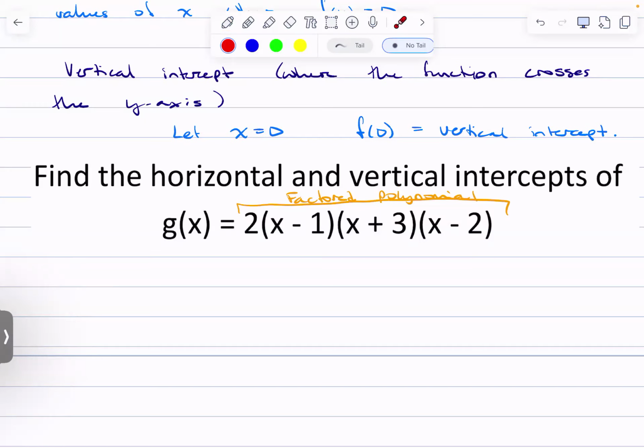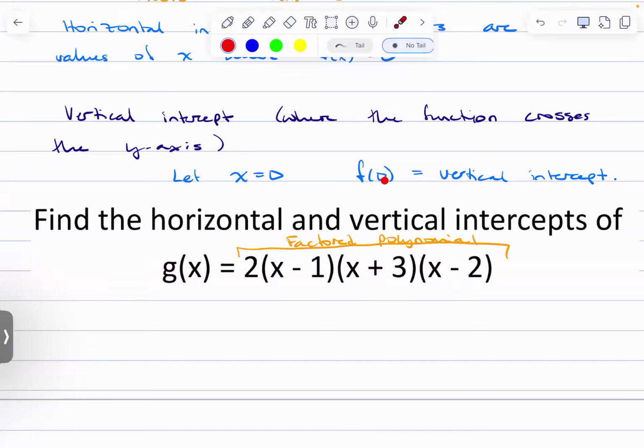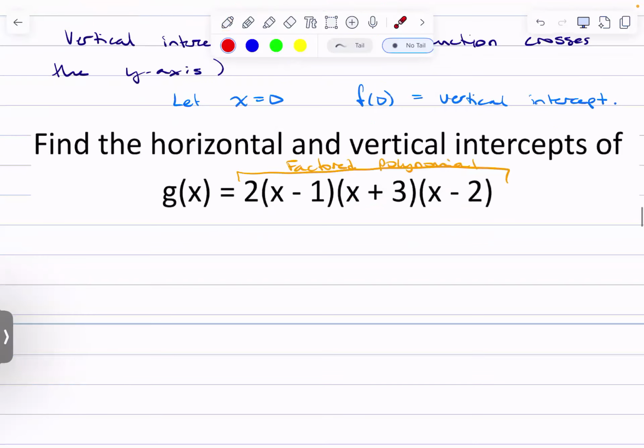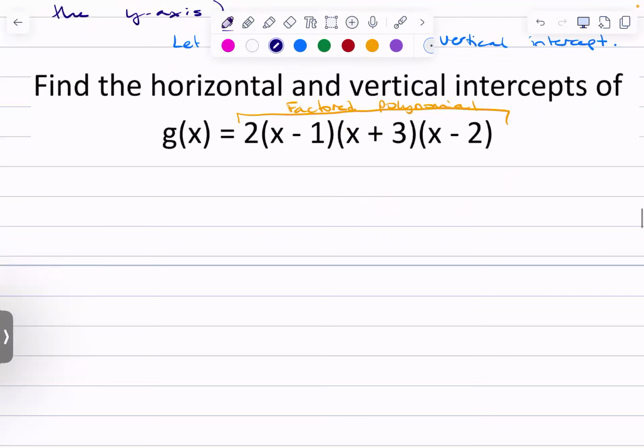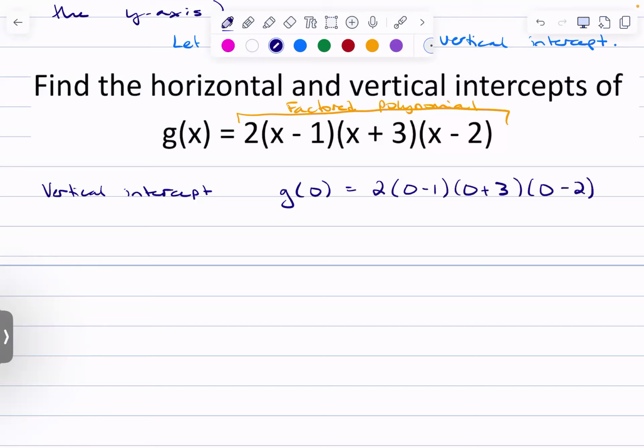Why is that the easiest part? The vertical intercept, we said, is just we let x be 0 and figure out what g of 0 is. So let's start there. The vertical intercept is going to be g of 0. 2 times 0 minus 1 times 0 plus 3 times 0 minus 2.